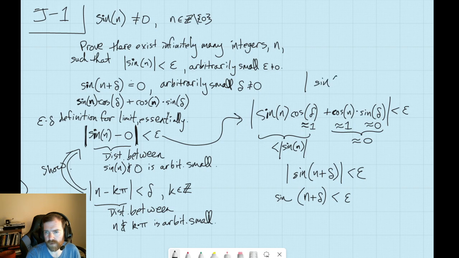Absolute value of the sine of n minus 0 less than epsilon. I might be splitting hairs here, or trying to use the definition in the proof for it.